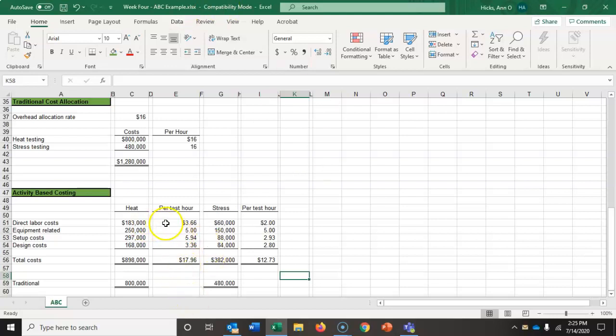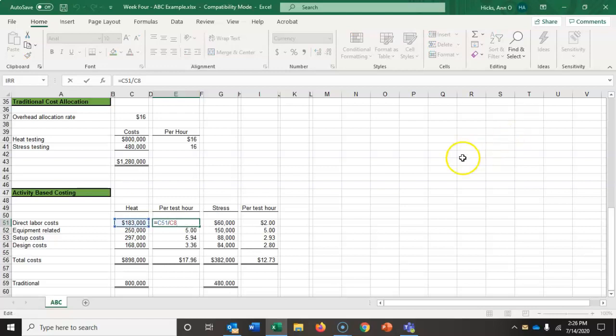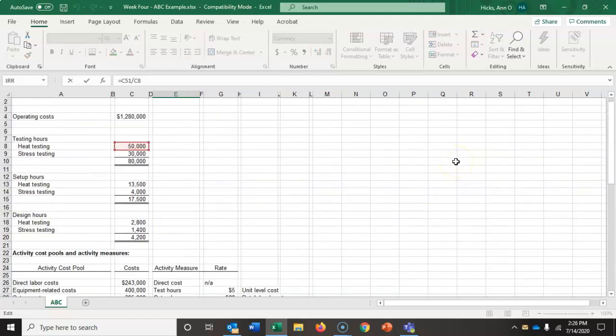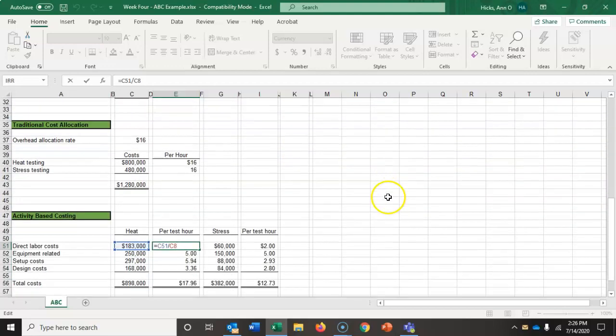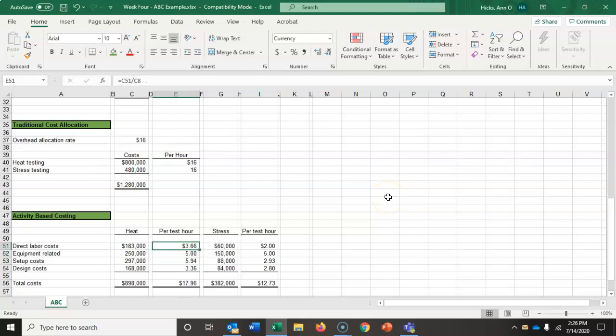What's the contributing factor? So that's where this column E and I come in. So for this column, what I did for each line item is I took the cost and divided it by the number of hours spent on testing. And you can see right off the bat, direct labor, we spent $3.66 per heat testing hour, whereas stress testing, direct labor was only $2 per hour.